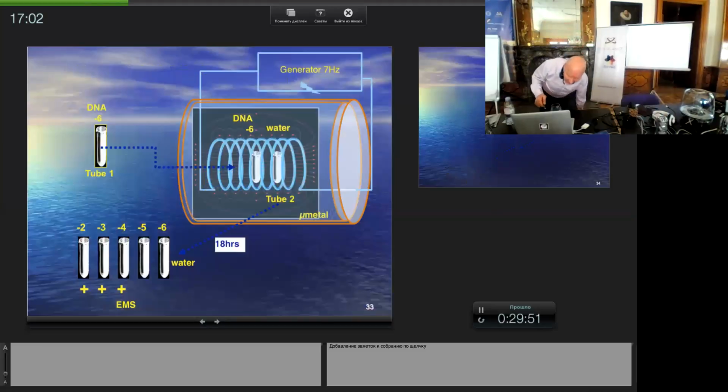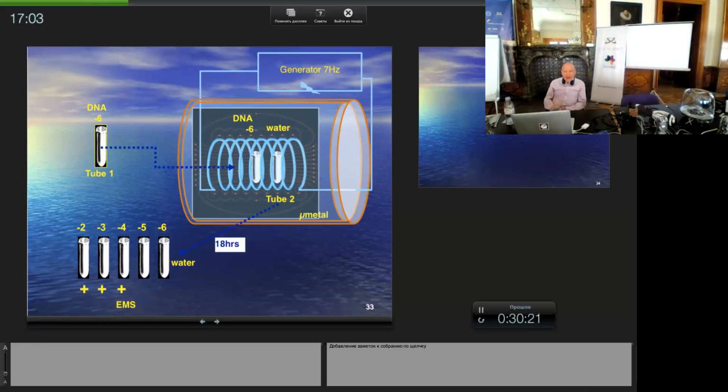They took DNA, you see it's tube 1, and they put it nearby a tube with clear, pure water. All was closed, and everything was absolutely sterile. They put this inside a coil that generated 7 hertz. And you know, 7 hertz is the Schumann frequency, the frequency of our brain.